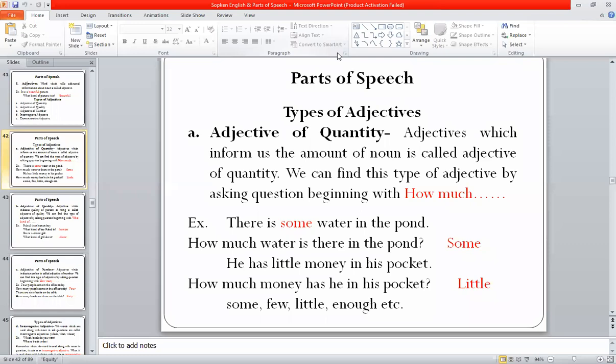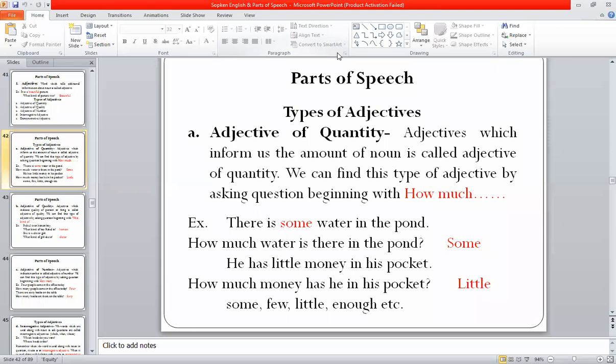Then if we ask a question to this sentence beginning with how much, it will answer with the adjective of quantity. So let's ask: how much water is there in the pond?